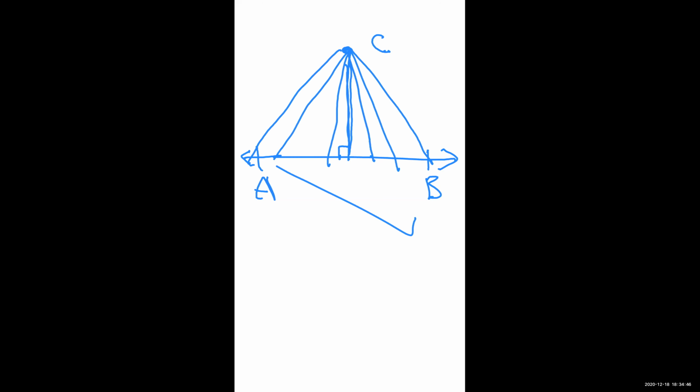No. Okay. So the perpendicular is the shortest one, of course. Now, consider that it's a triangle like this, and this is the perpendicular.